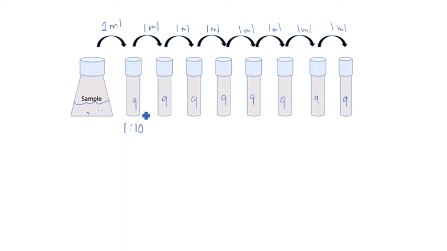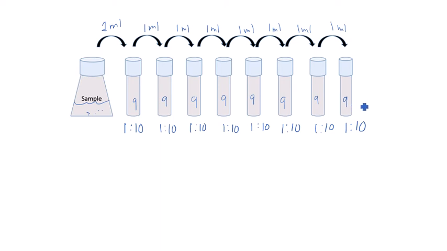Then you're adding again 1 ml in 10 total. You're taking 1 ml and adding it into 9 to make a 10 total, and you keep on doing that to dilute your sample. So every tube is basically adding 1 ml from the previous tube into 9 ml of diluent to make a total of 10. So every tube is a 1 to 10 dilution here.